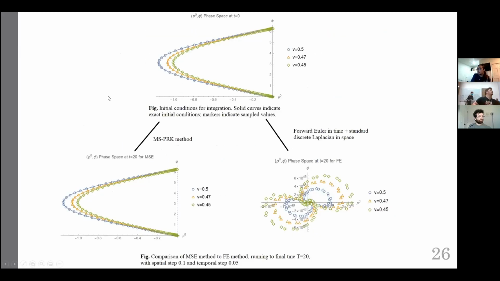So what you have is this family of sine-Gordon solitons, which are indexed by their speed. We have 3 speeds that I chose: 0.5, 0.47, and 0.45. And this is the initial condition that we set for the simulation.